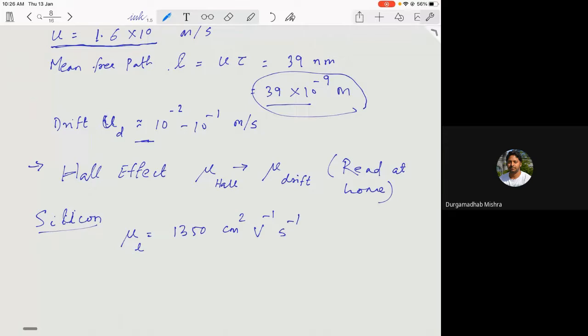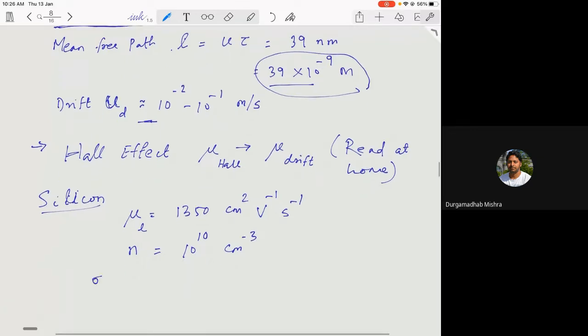And you see the mobility of electron in silicon is much higher compared to copper. However, the value of the number of charge carriers n is of the order of 10 to the power 10 per centimeter cube. So you have 10 to the power 10 electrons per unit volume in silicon, the charge carriers.